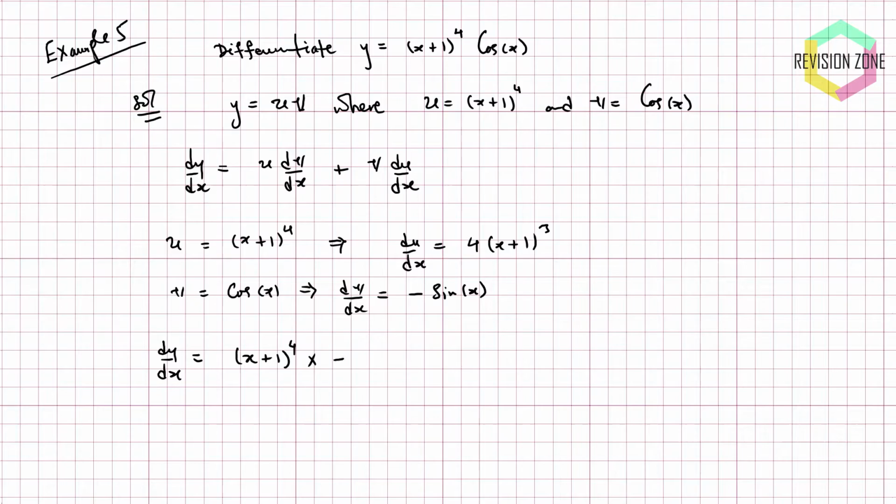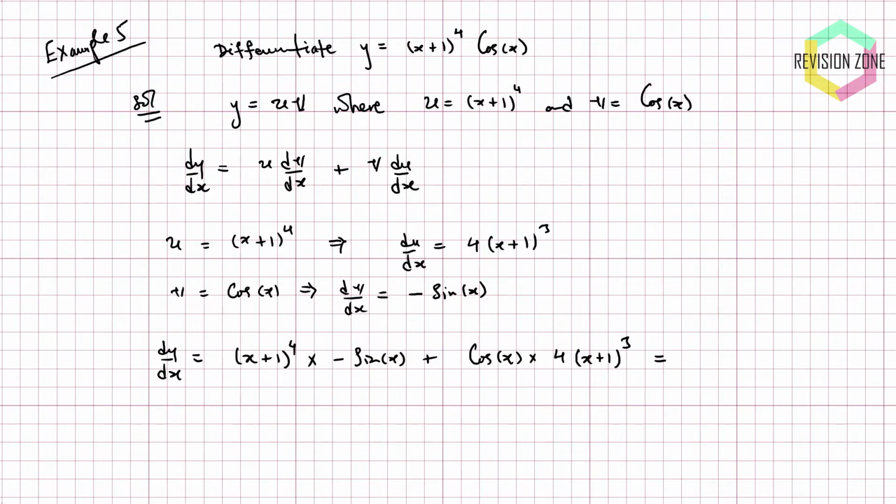So it's just going to be minus sine x, and then I have a trusted plus symbol, so I write that down. After which we actually need a v, so my v is here, which is cosine of x, so I write that down. And then I multiply by the last term, which is du by dx, which is actually here, so I write that down. So it's going to be 4 times (x plus 1) cubed.